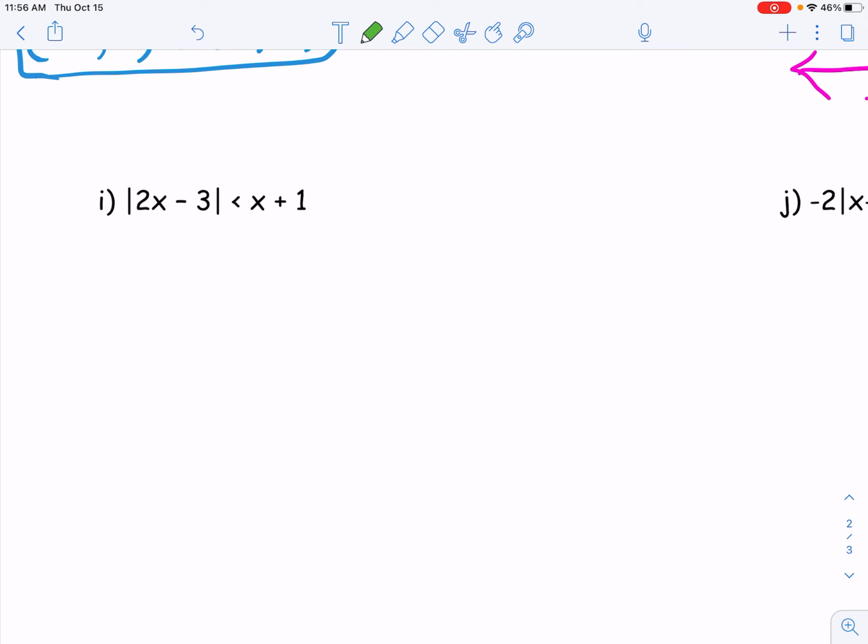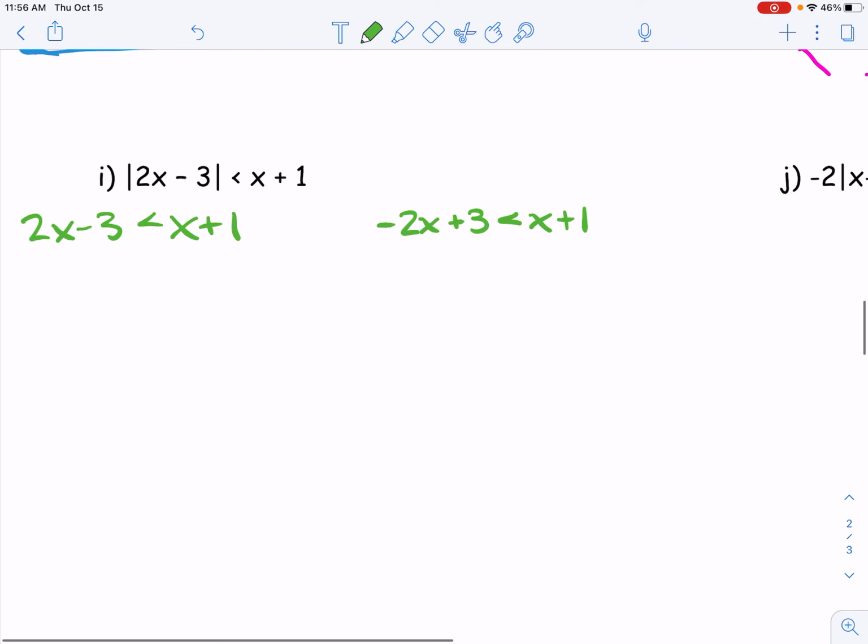Now, we don't know what x is equal to, but because it's an absolute value, we're hoping that it's going to be a positive number on that right-hand side. So let's just create our two equations and see what happens. So we would have 2x minus 3 is less than x plus 1. And then we would have negative 2x plus 3 is less than x plus 1.